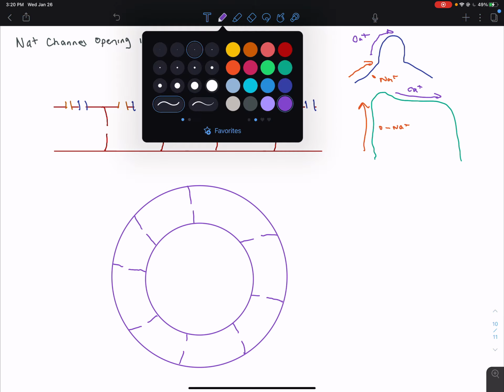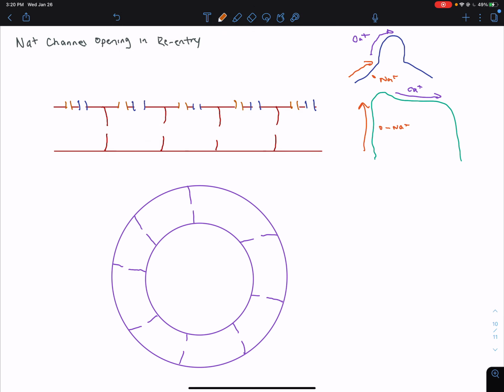So what I want you to imagine here is, we've had a PAC, or we've had the unidirectional block that starts a reentry pathway. So electrical impulse has moved through our conduction system. And we know that activation occurs due to the influx of calcium and sodium.